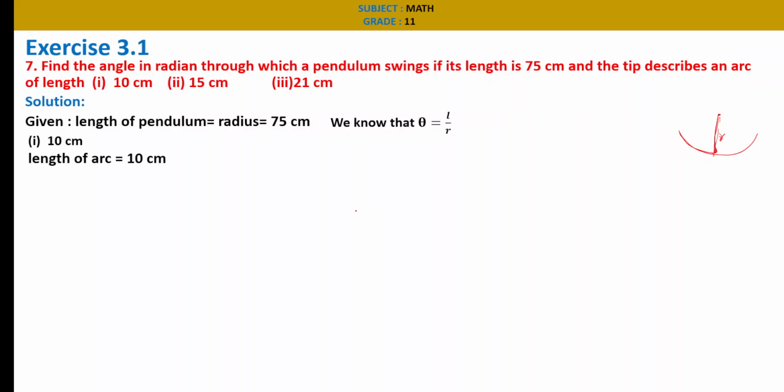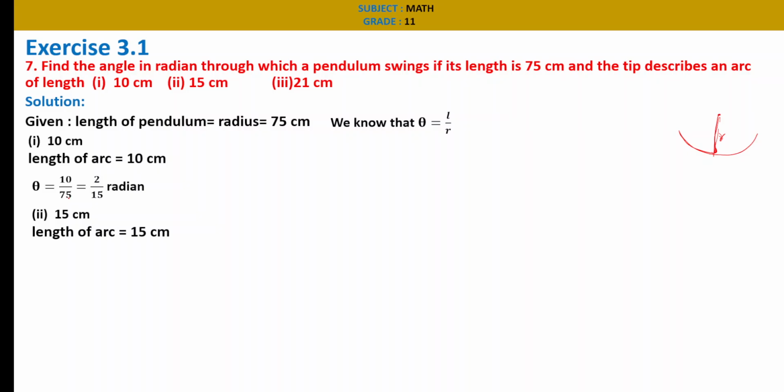For the first case, the length of the arc is 10 centimeters. Therefore, theta is equal to L by R, that is 10 divided by 75. Dividing by 5, 5 2s are 10, 5 15s are 75, that is 2 by 15 radians. Second one, 15 centimeters. Here the length of the arc is 15 centimeters.